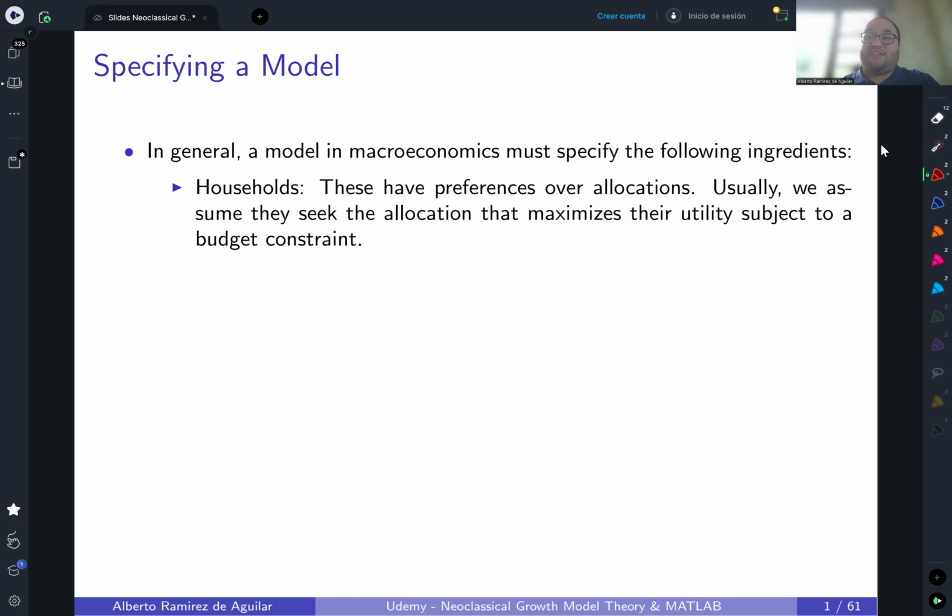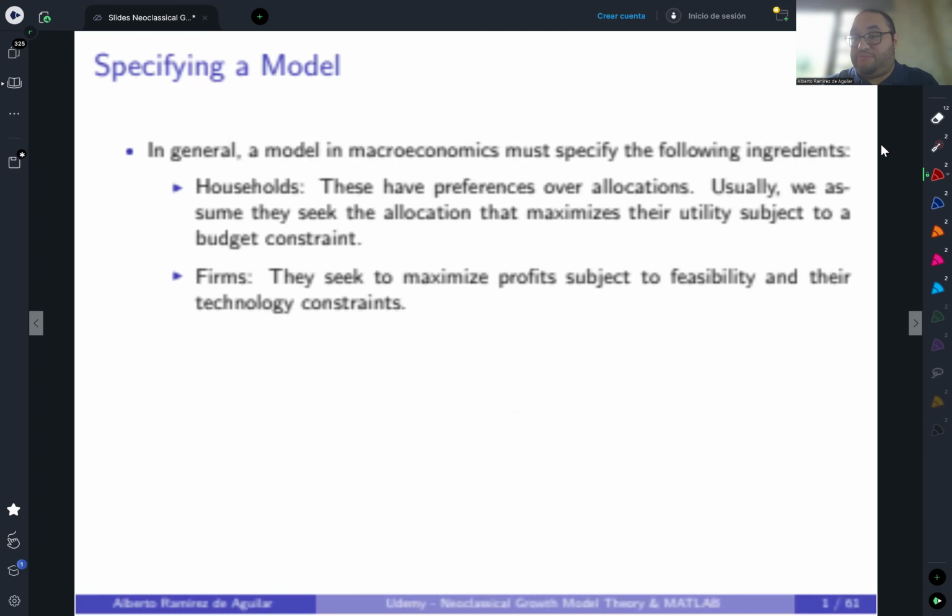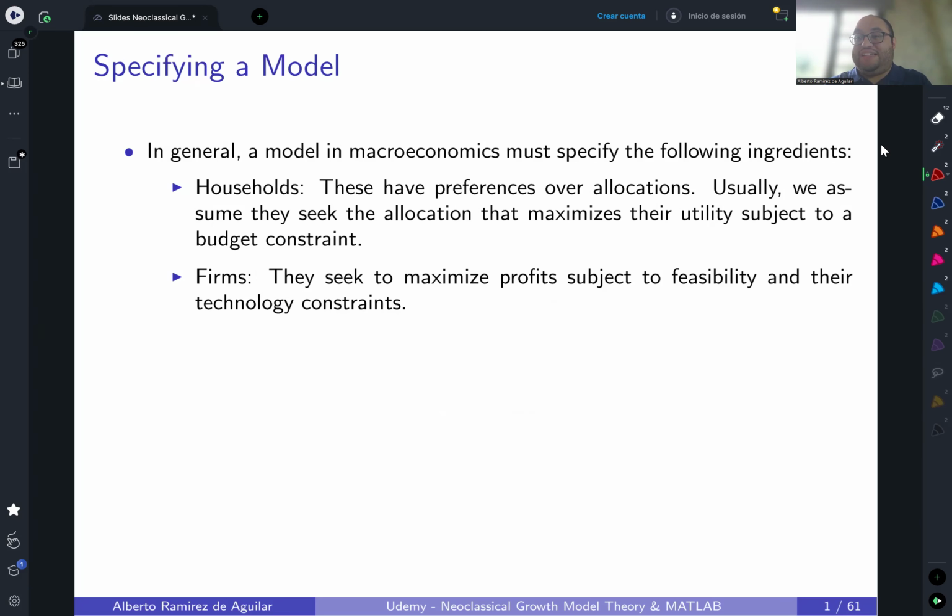And usually the budget is of the form they cannot spend more than the income they have. And I'll be more specific on this, but this is usually the type of budget that we have in mind. On the other hand, households need to consume, but these consumption goods do not fall from the sky. They need to be produced.